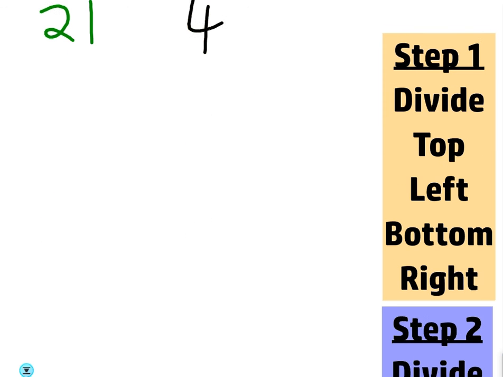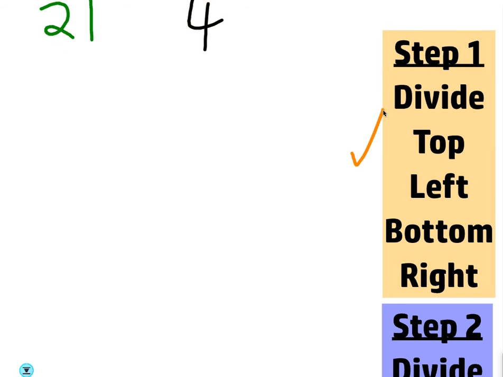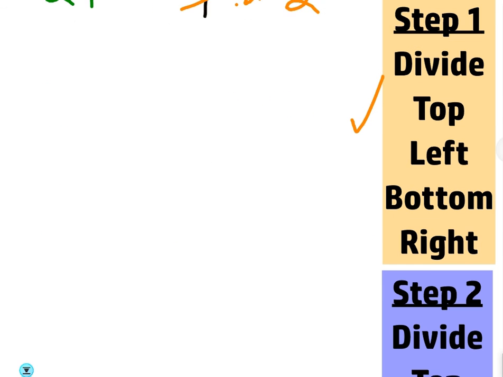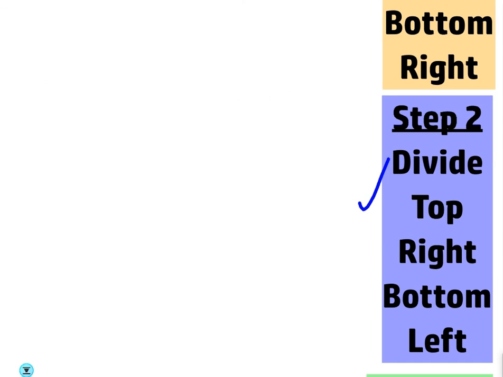All right, top left by bottom right. What's negative 8 over 4 going to reduce to? Divide both by 2. It's going to be negative 9 over 2. All right, now let's do the top right by the bottom left.